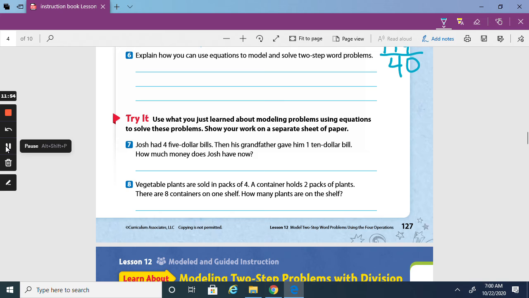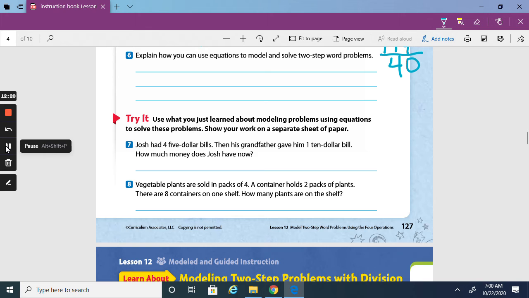So you've had a few minutes to discuss this. What you should have talked about is how you can use the information given in the problem to write equations that show how the unknowns are related to each other. You could have written anything similar to that, and that would have been fine.